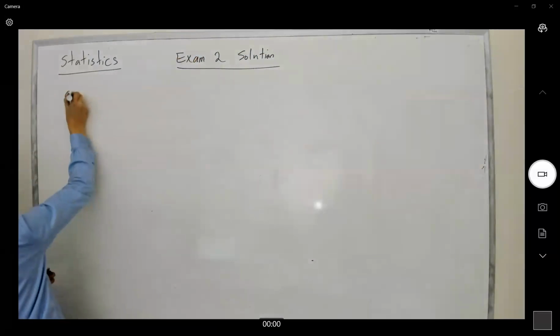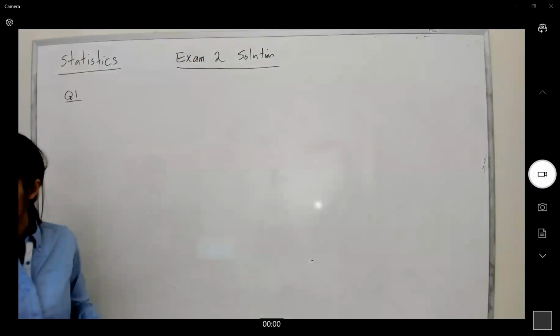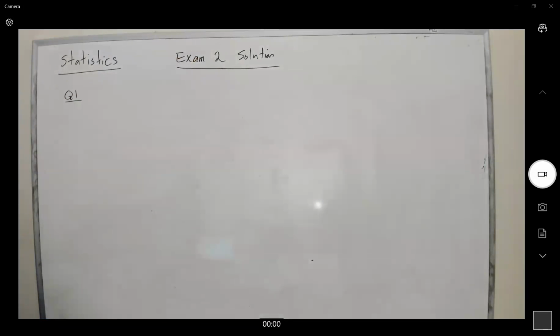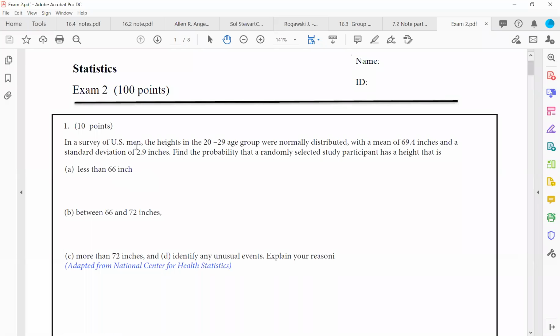So question 1 is actually asking you to find probabilities. Let's take a look at the question. The question says, in a survey of US men, the heights in the 20 to 29 age group were normally distributed with a mean of 69.4 inches, and the standard deviation is 2.9.